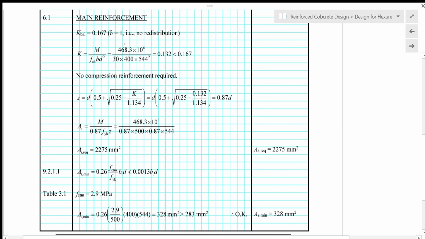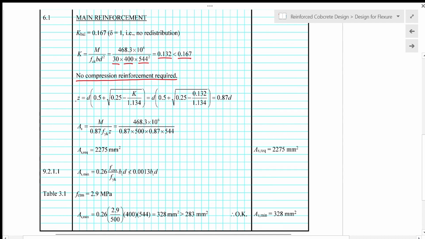And then this value of M is divided by fck and b and also d squared. So we get 0.132, which is less than 0.167. So therefore, we do not need compression reinforcement because K is smaller than K balance.